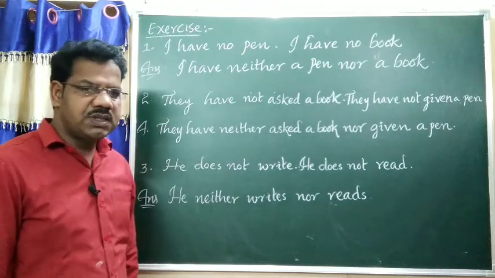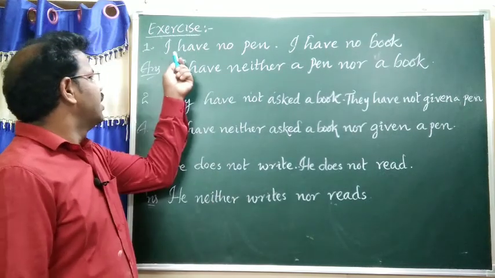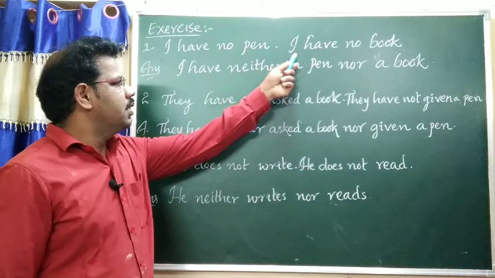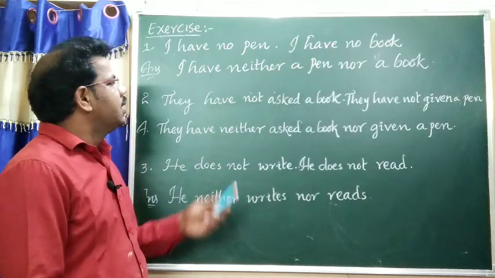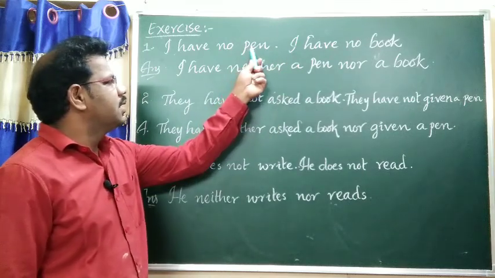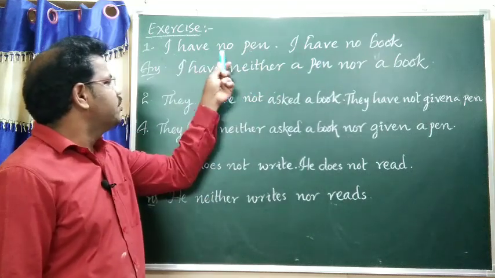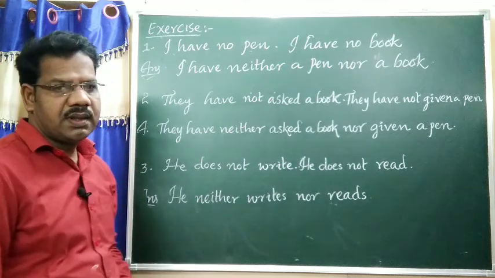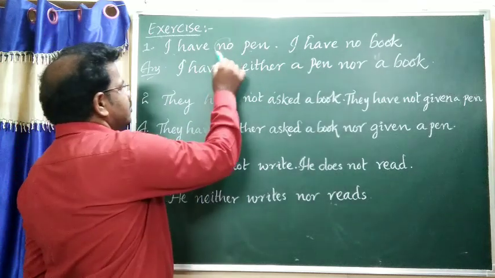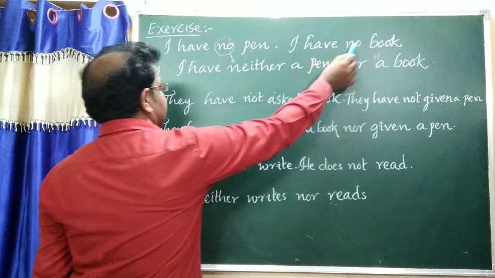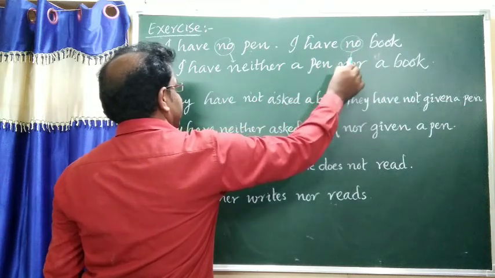Now 3 examples are given. First one, I have no pen, I have no book. Here the uncommon words are pen and book. I have are common words. In the place of no, we have written neither. In the place of no, we have written nor.